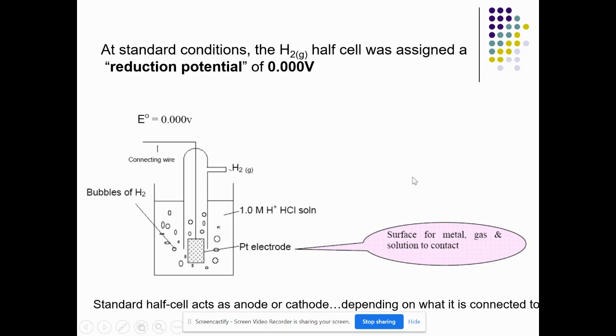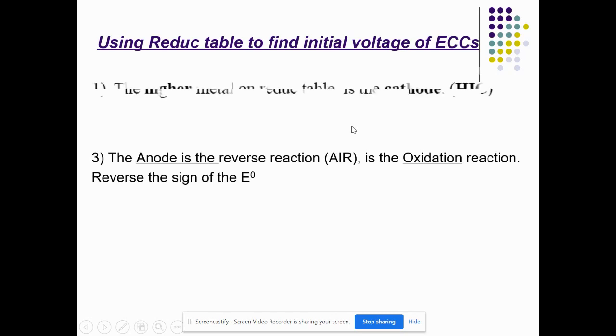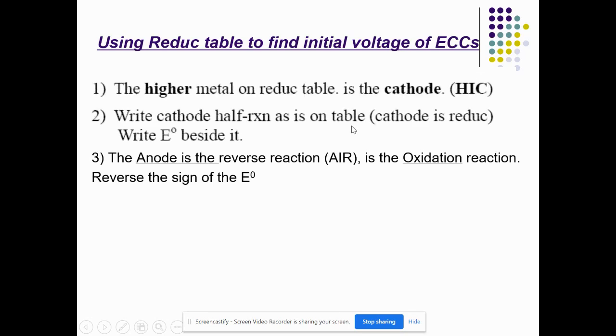All right, let's go on to some questions actually calculating the voltage. So when you're looking at it, using the reduction table to find out the initial voltage of electrochemical cells. So first, you have the half cell. So the higher metal on the reduction table is a cathode. The cathode half reaction on the table, you just write the electron potential as you see it.